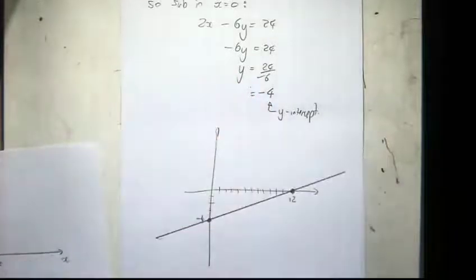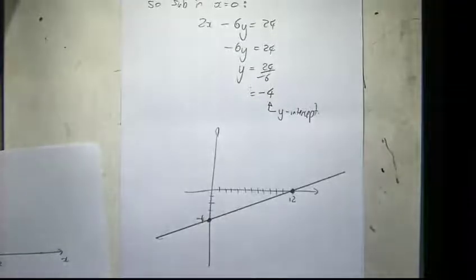I don't need any other points because I only need 2 points to make a line. So that's lines in standard form.